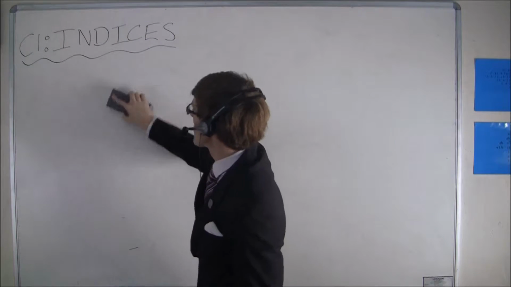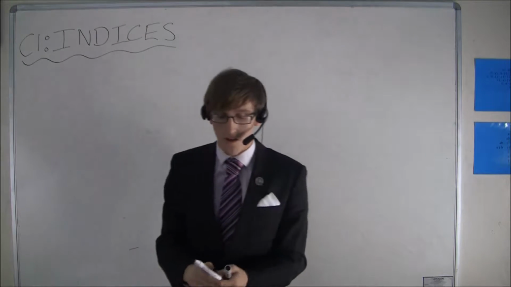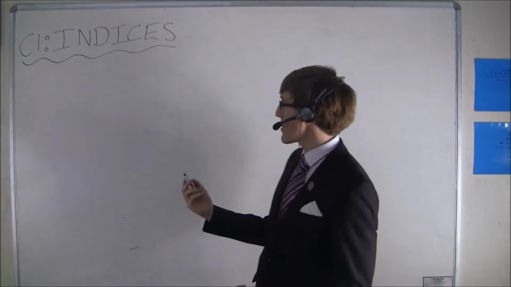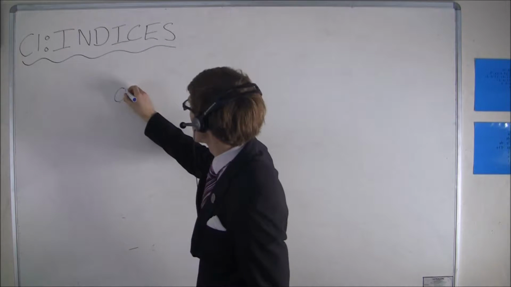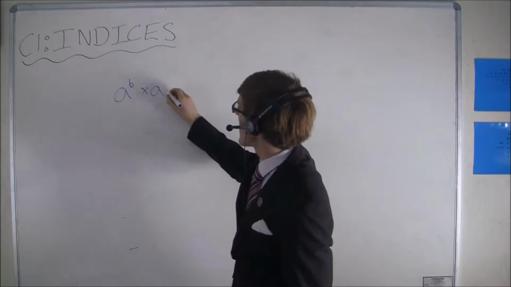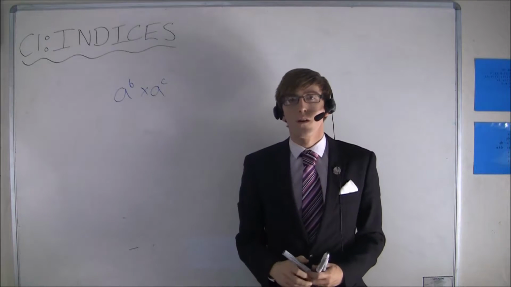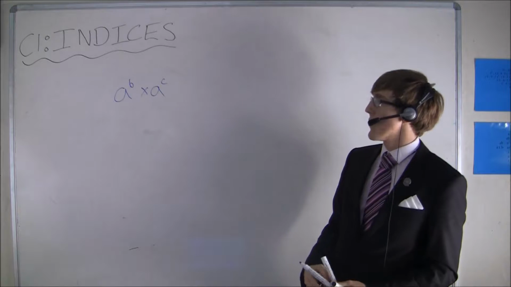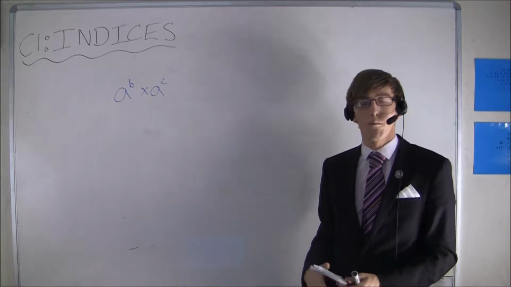The first rule is to do with what happens if we multiply two indices together. So if we have something like this, a to the power of b multiplied by a to the power of c. So a to the power of b, as we said before, is a multiplied by itself b times.